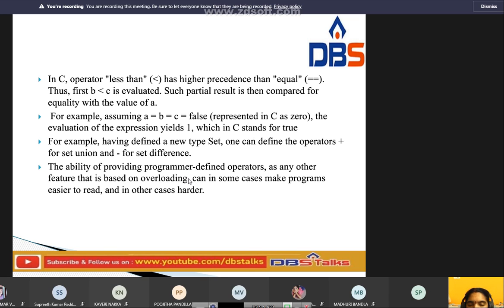For example, having defined a new type set, one can define the operator plus for set union and minus for set difference. The next point is that the ability of providing programmer defined operators has another feature, which is based on overloading.